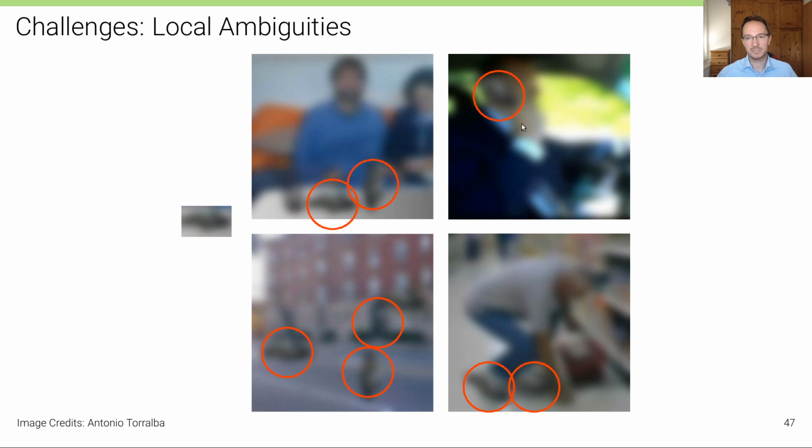Locally it's ambiguous, but from the context, we identify this as a telephone maybe. And here this might be shoes and this might be a car, etc. So sometimes just from local context, it's impossible to distinguish what an object is. But it becomes very clear if you look at the scene as a whole. So it's important to interpret scenes as a whole.